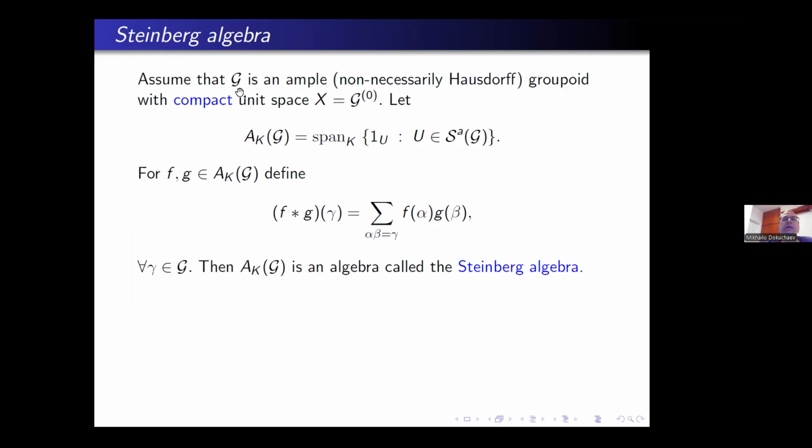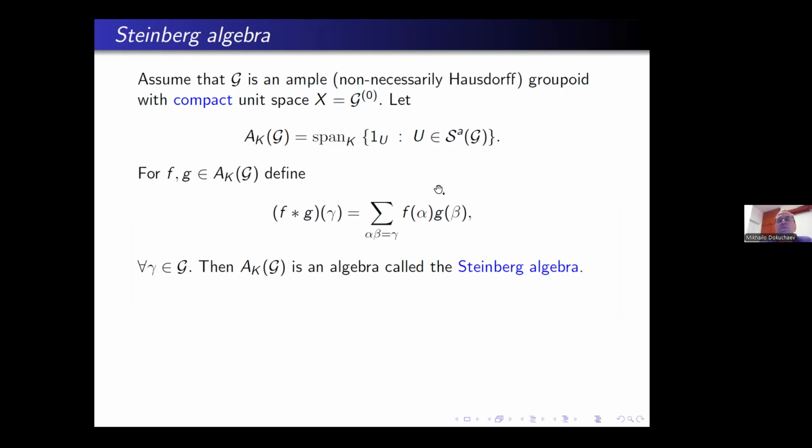So we take an ample groupoid, which is not necessarily Hausdorff, but we assume that it has a compact unit space. Then we take the span of all characteristic functions of compact open subsets. We take the linear span of that and define the convolution product.